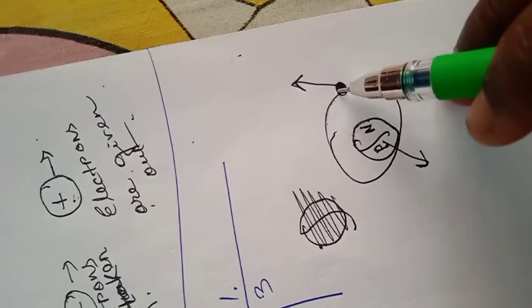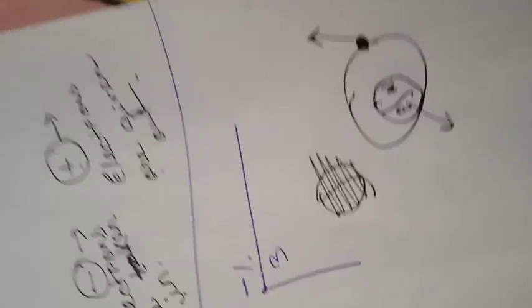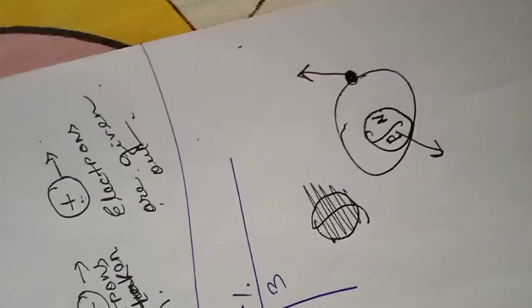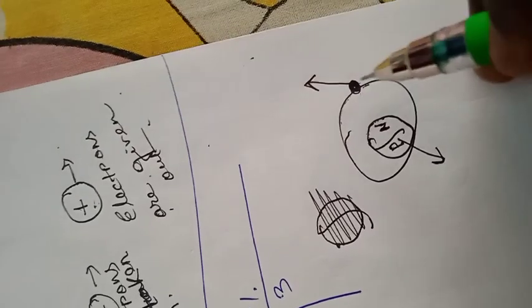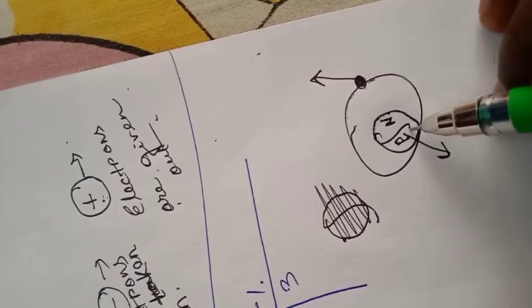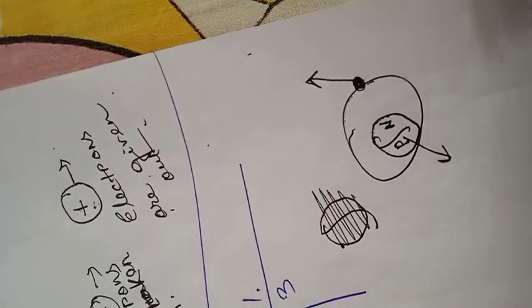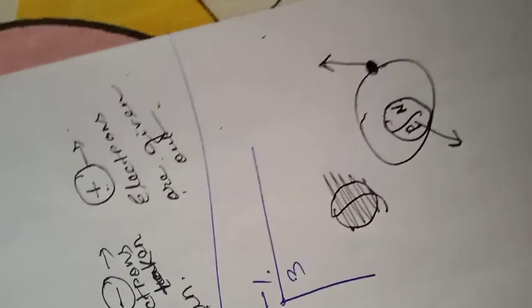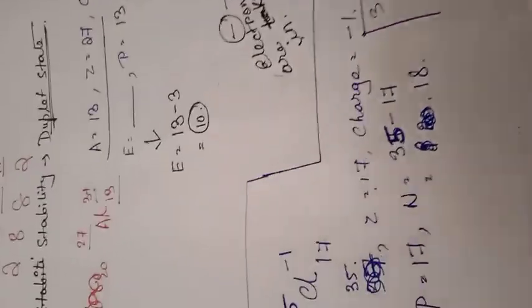Electrons will not feel that much consequence in comparison to the protons. Therefore, electrons can easily move out, but protons cannot. That's why the number of protons is always stable, but the number of electrons varies.